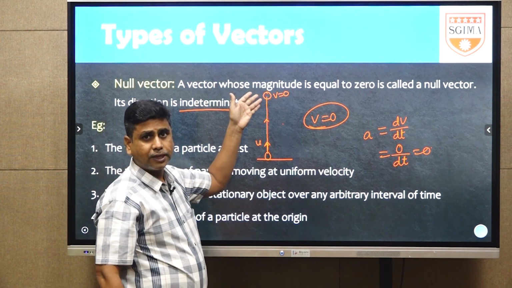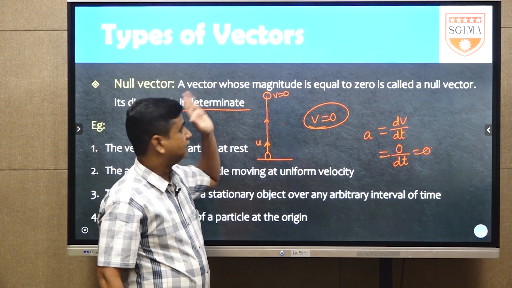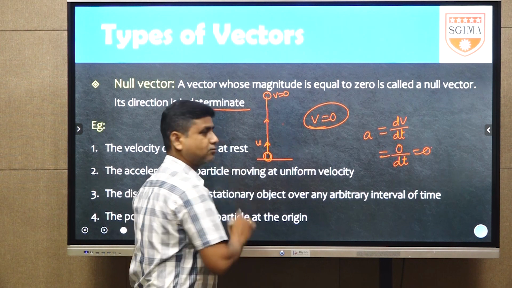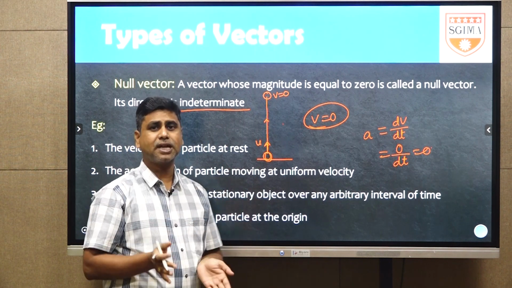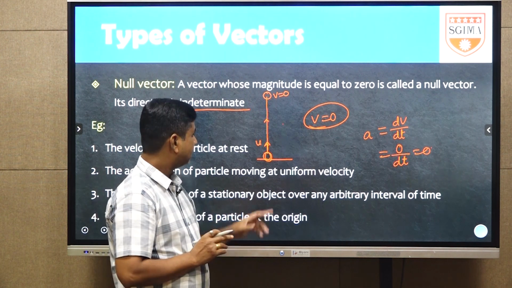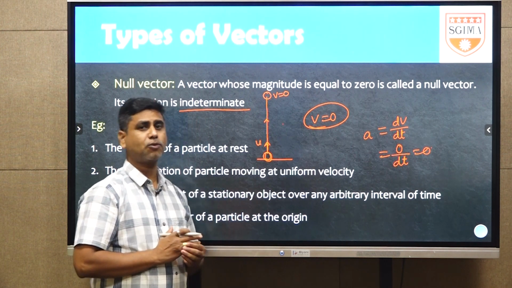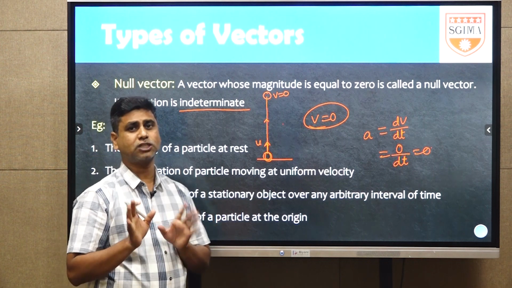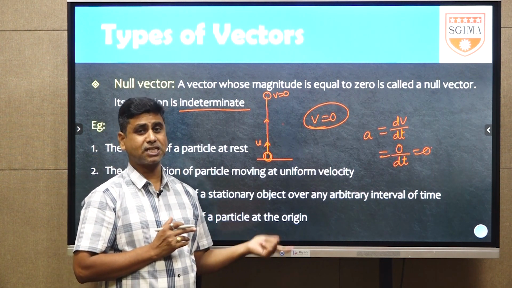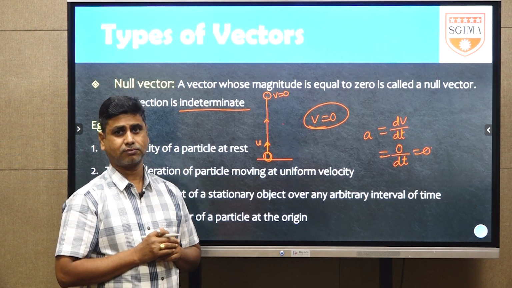After some time, its velocity will be 0. Then again it comes back and reaches the same position. The time taken for that is called the time of flight. After the time of flight, the particle reaches the point of projection. Then its displacement is 0 only, so the displacement is considered a null vector.